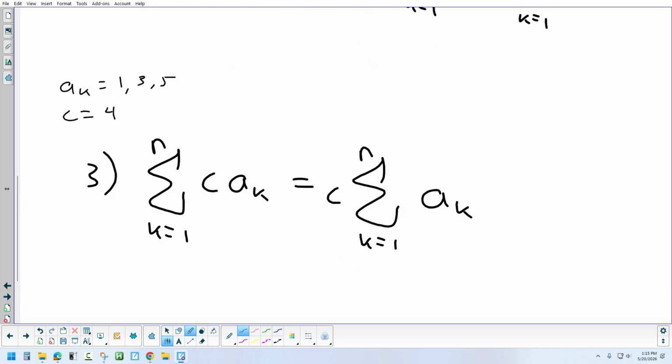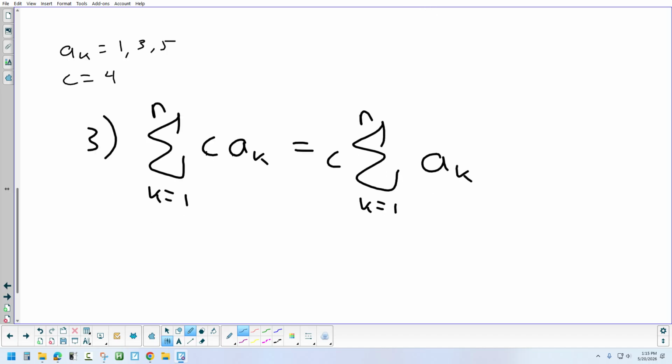If you want to find a number times your sequence, think of distributing that number to every term in your sequence. That's how you do it. So in our case, 4 times sequence A. What do you think would be my new terms if I found 4 times sequence A? Yep. Would it be 4, 12, and 20?